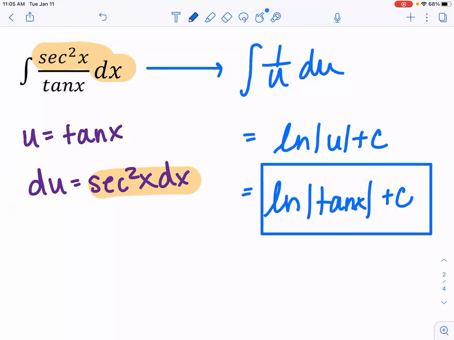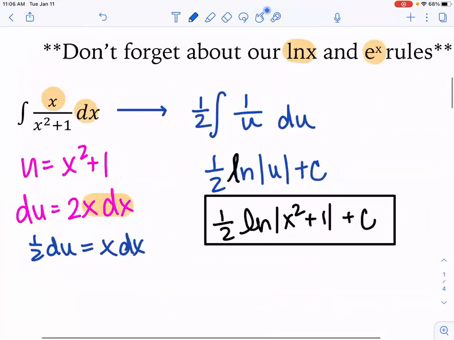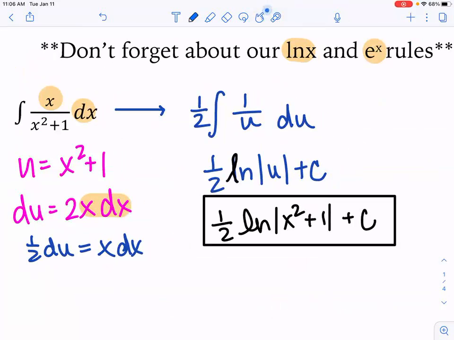All right, now I do want to talk about something. If this were on the quiz, you would get points taken off if you did not include the absolute value. However, on this problem right here, you would not. Why? Okay, the absolute value around x squared plus 1 is a little bit redundant.